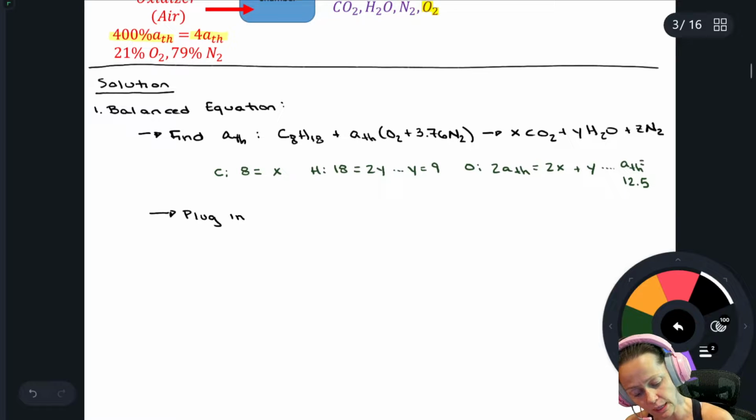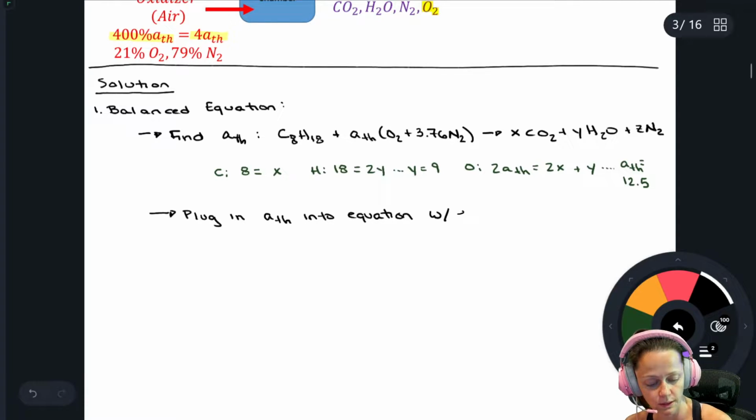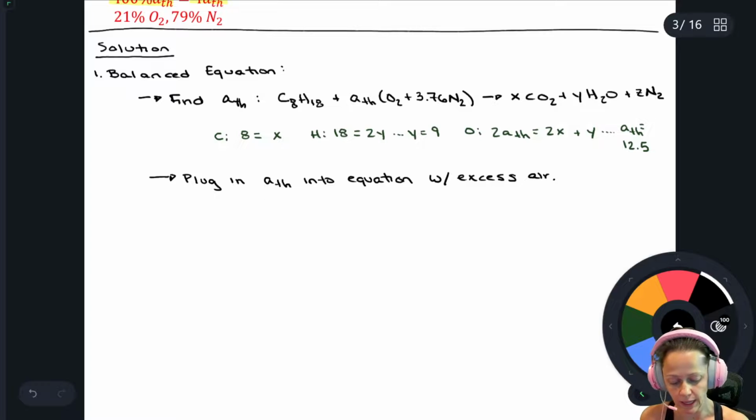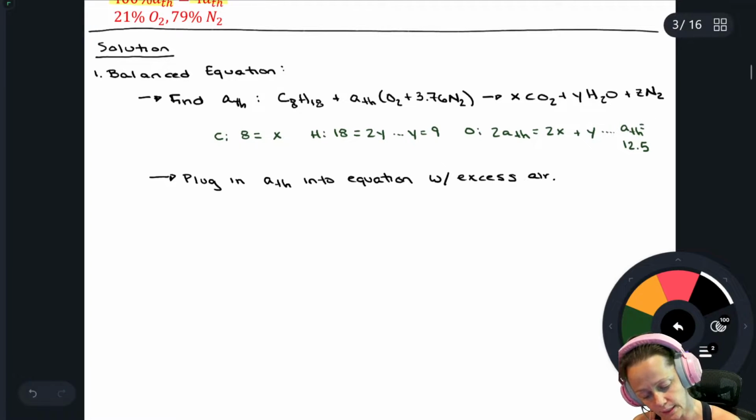Now I'm going to plug that ATH into the equation with excess air. So what are we going to get?